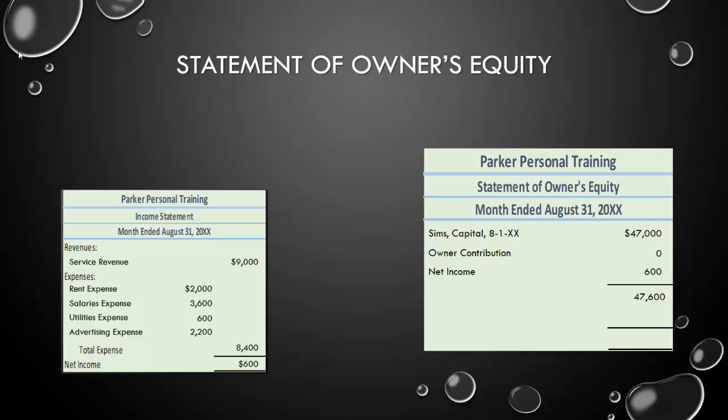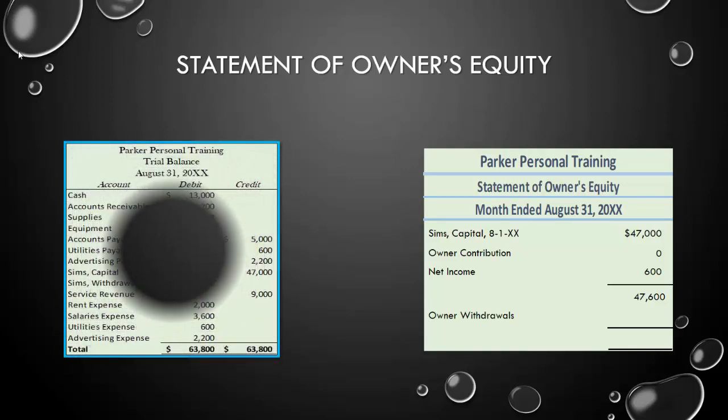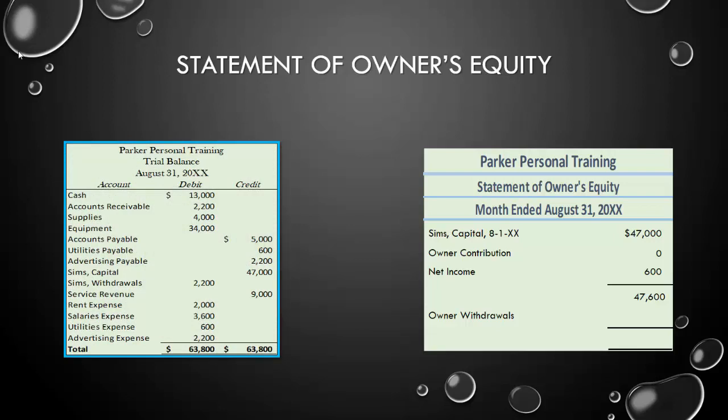Well, what subtracts from capital? What subtracts from the value of a business is when the owner goes and withdraws money from the business for their own personal use. So we can find that number on our trial balance, and we see that Sims withdrawals during the period had a balance on our trial balance of $2,200.